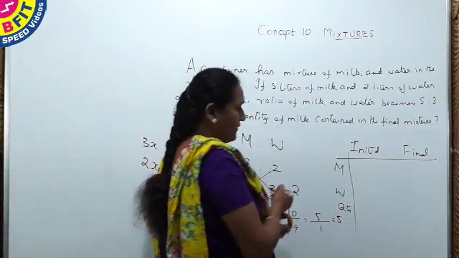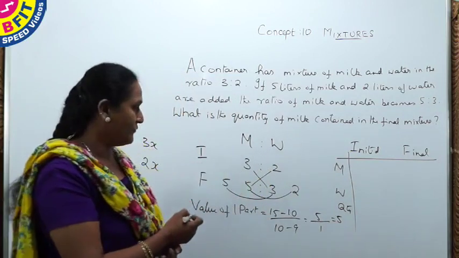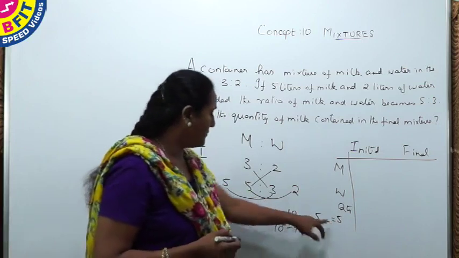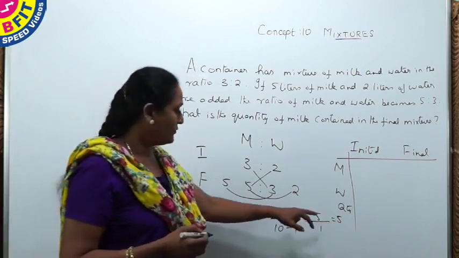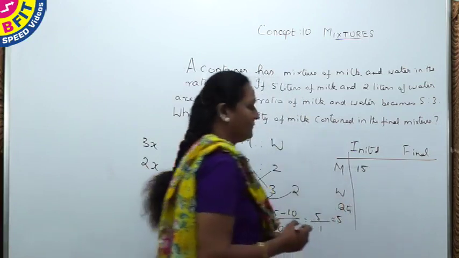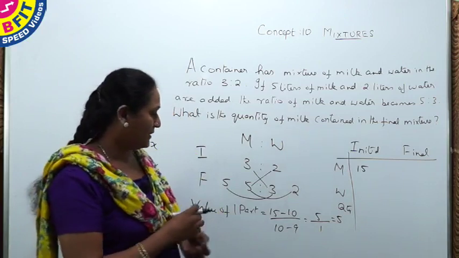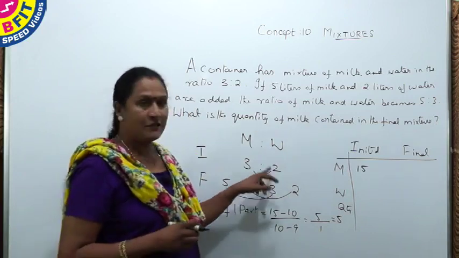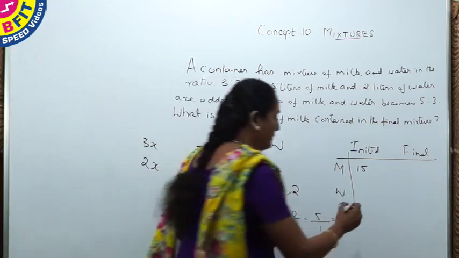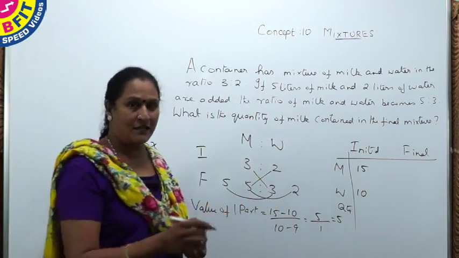And now to find the initial and final quantities of milk, multiply this value of one part with the first row, so 5 into 3. Initially there was 15 liters of milk, and for water it is 2 parts, 2 into 5, so 10 liters of water was there in the mixture.